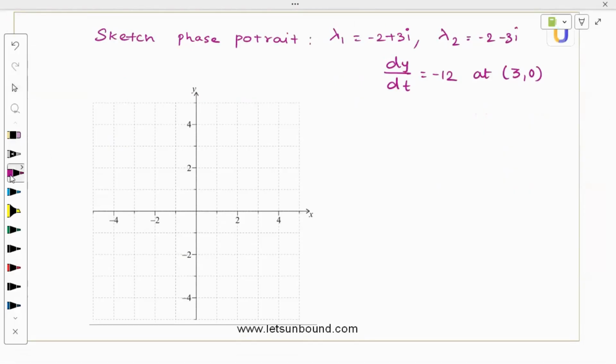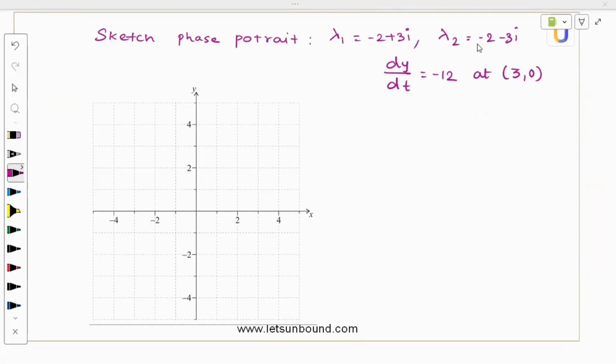We have imaginary complex numbers as the eigenvalues. And dy by dt is -12 at 3, 0. So a negative slope is there. Right? Let's quickly recall this sketching part. Okay. So when you have a complex number, that's okay.